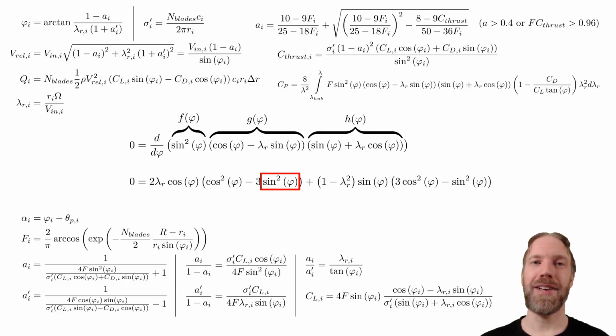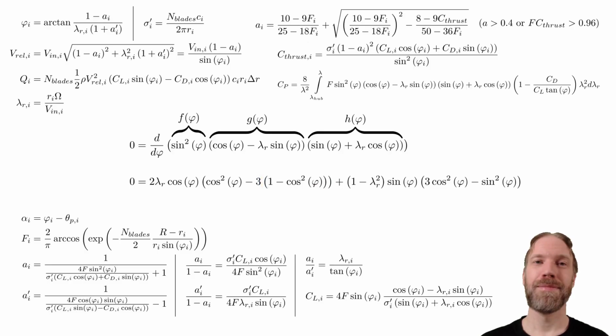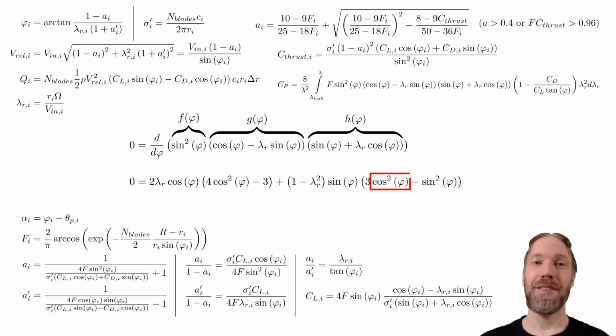Use that sine squared is 1 minus cosine squared. Combine the cosine terms. We do the same thing here. If we remember our trigonometric identities, we know that this is cosine of the triple angle.